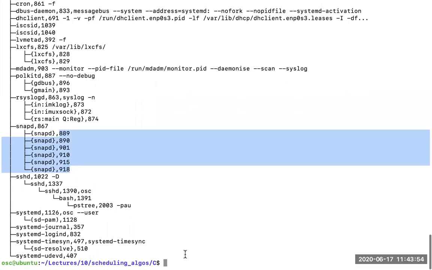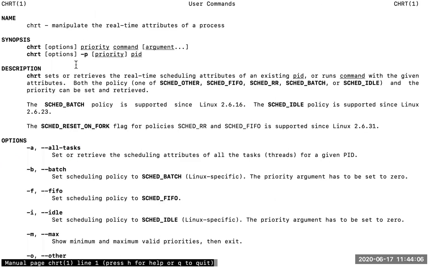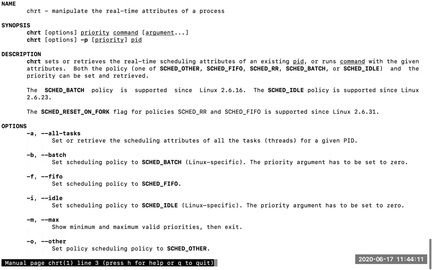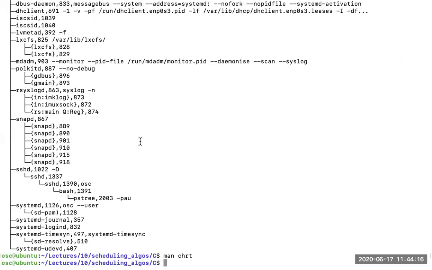Now if I want to see what scheduling approach and algorithm is used, then we have the chrt command. We can look at it using man. It manipulates the real-time attributes of a process. So we can see the process and manipulate the real-time attributes using this command. So chrt -ap: p is for process, a is for showing the attributes, and then I give the process ID 867.